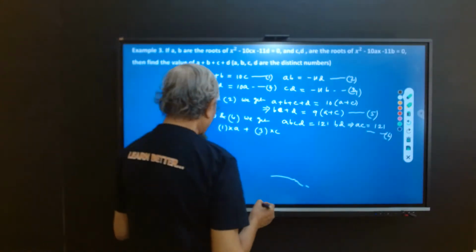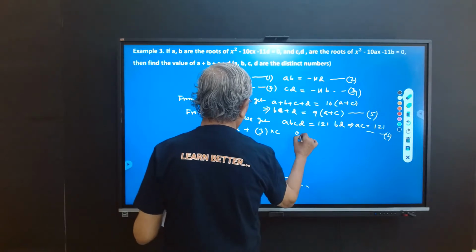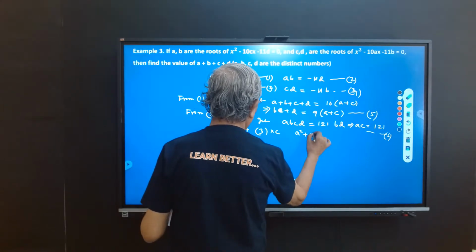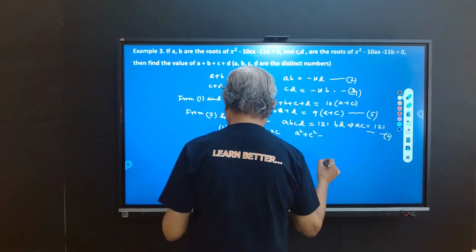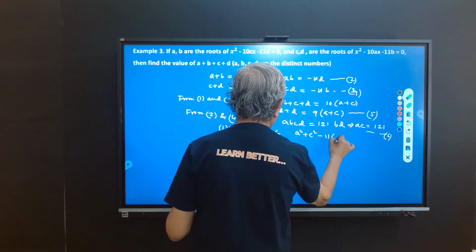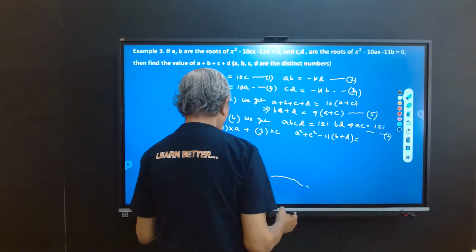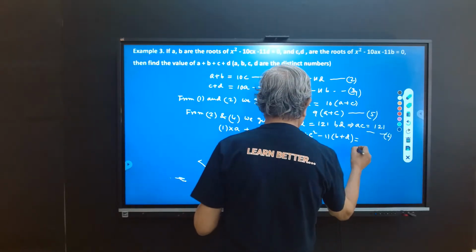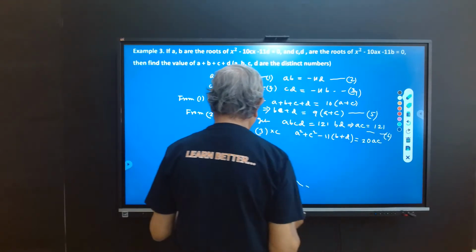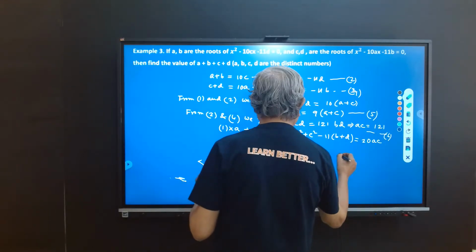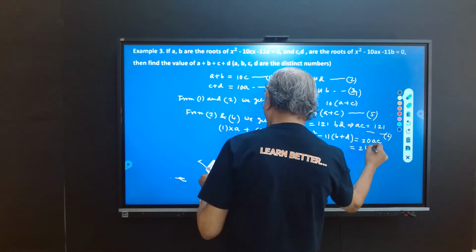We get A squared plus C squared minus 11 into B plus D equals 20 AC. 20 AC equals 20 into 121, that is 2420.